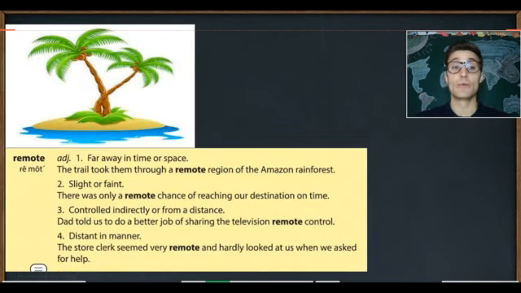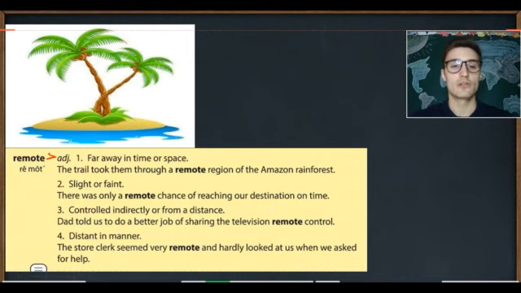Next, it's remote. Remote has 1, 2, 3, 4 adjective meanings. The first adjective, which means remote, is a word we use to describe nouns which are far away in time or space. So they're far away.